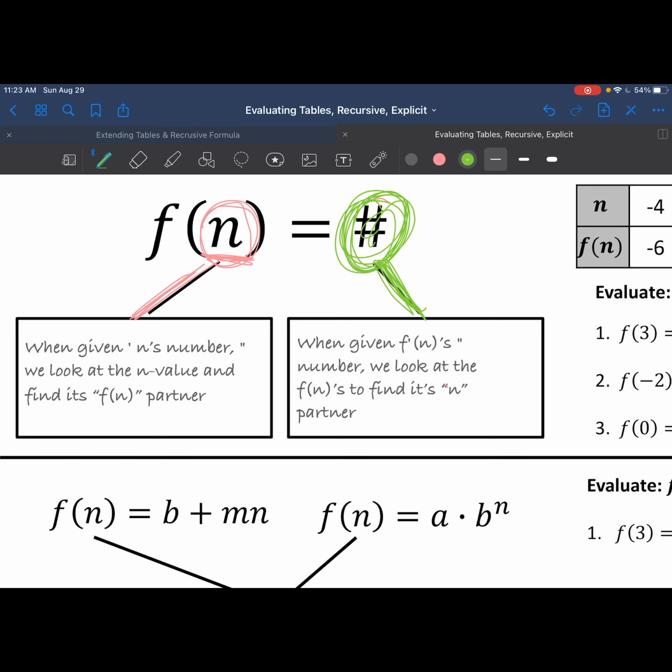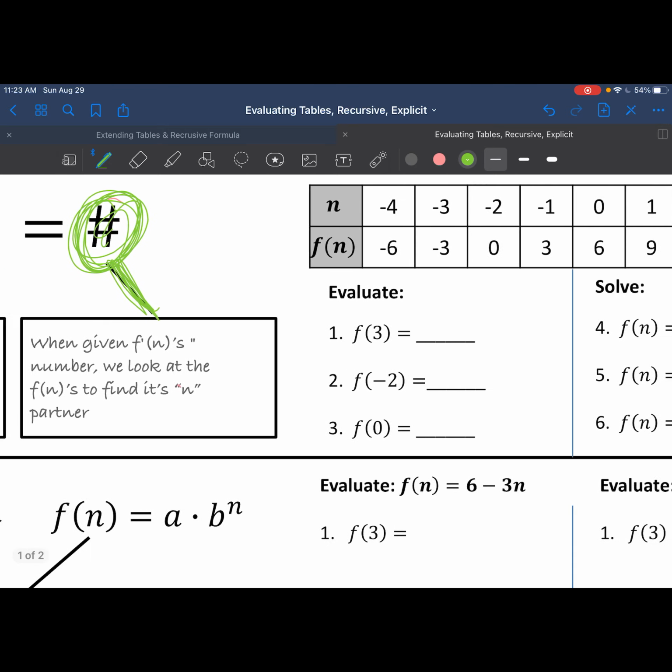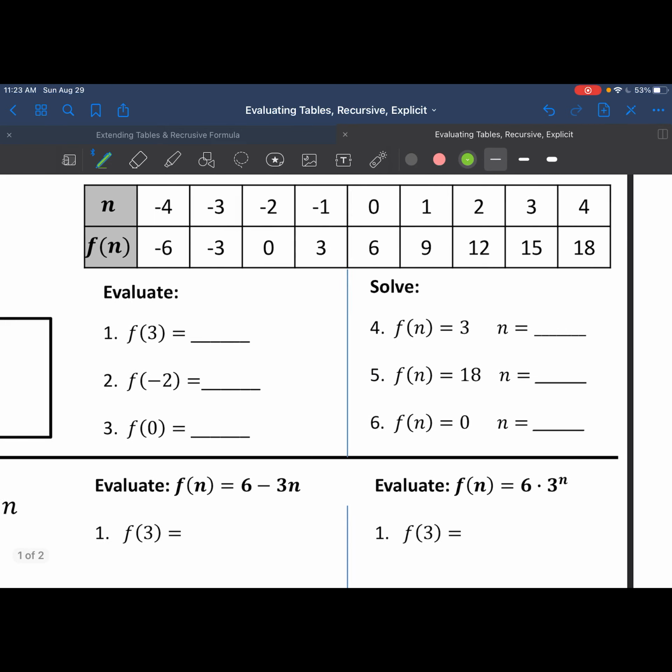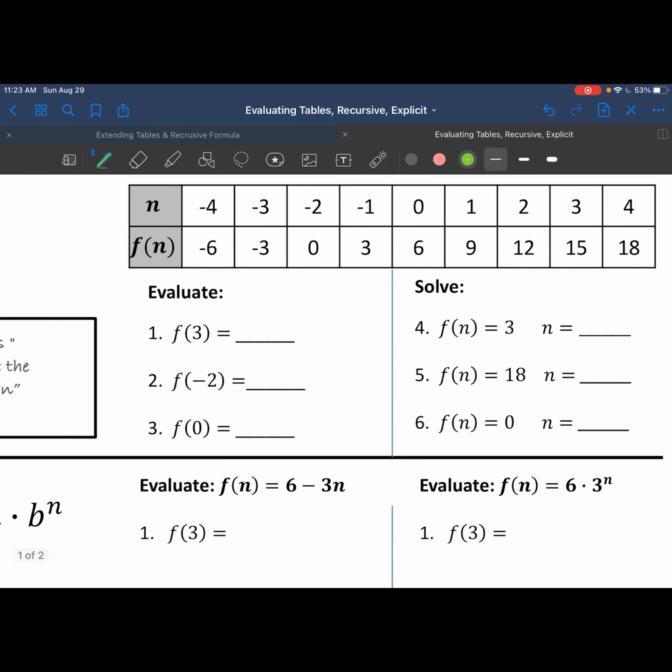So if you have this written down, don't forget you can pause this video. We're going to scoot over now. So we have this table, it's very long, and we have to notice here that our n's are the top row, our f of n's are the bottom row. So for the first one here we have evaluate.